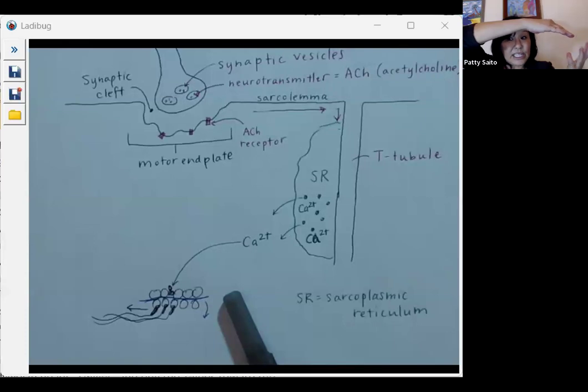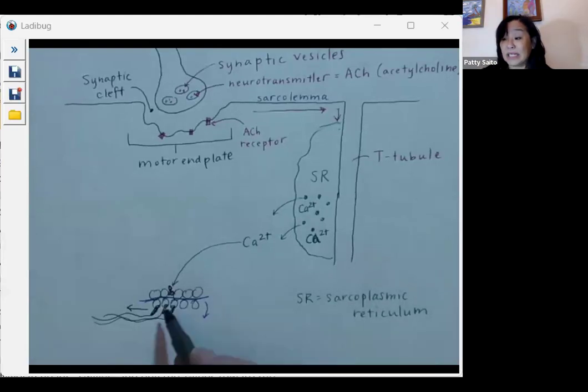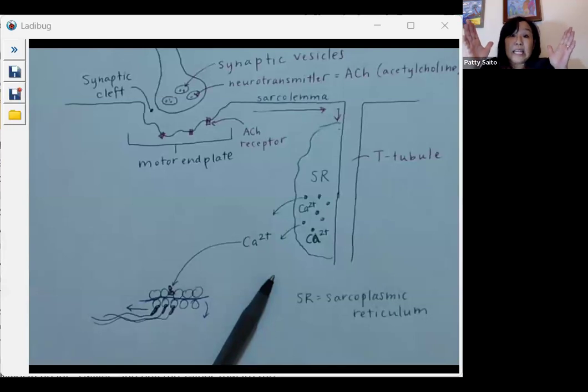Again, a little change in structure, and all the myosin heads are going to go this. Because it's attached to the actin, it's actually going to pull the thin filaments and move them closer together because we have myosin heads here. Let's say this is a myosin head. Here's a thin filament.